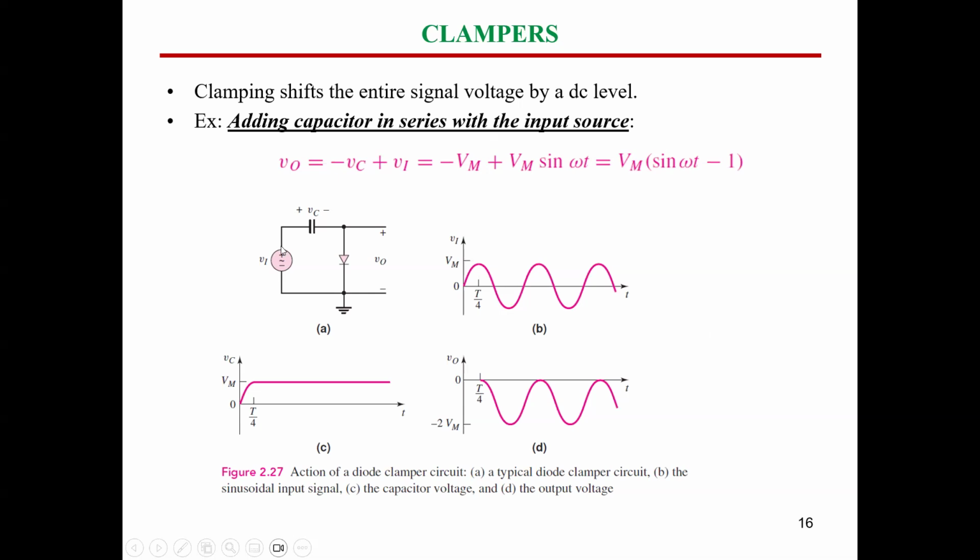Let's understand together the meaning of a clamping circuit from this example here. The clamping shifts the entire signal voltage by a DC level. So this is the concept of a clamper. A clamper is going to shift the entire signal voltage by a certain DC level.